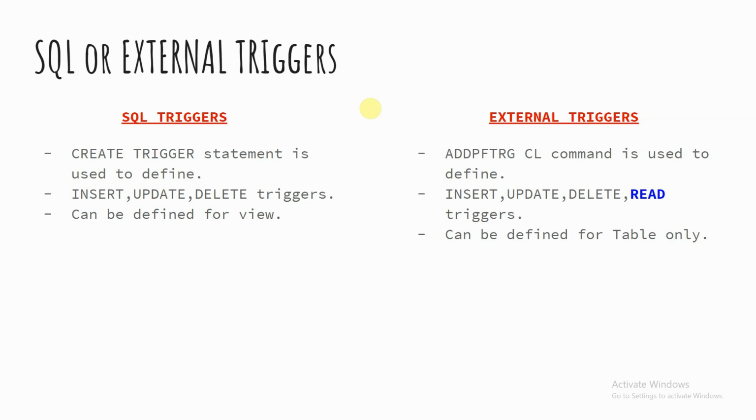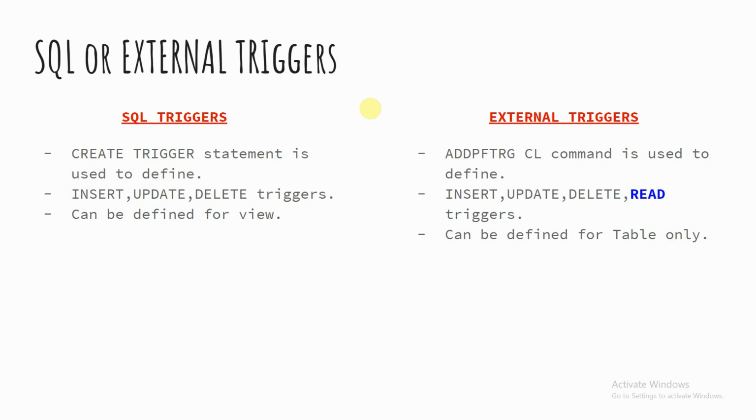But external triggers, created using the ADDPFTRG command, where you also mention the event, the timing before or after, and the program that should be called, can define insert, update, delete, or read triggers as well. Whenever you access a record in a database file, your read trigger will be called automatically each and every time. For every record read, the trigger executes whatever program you mentioned.